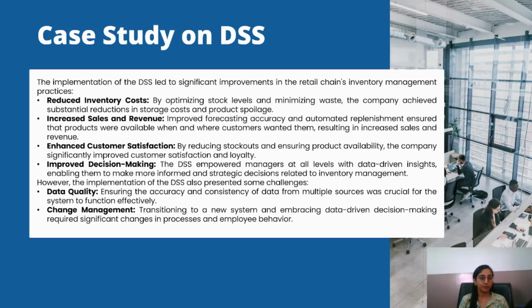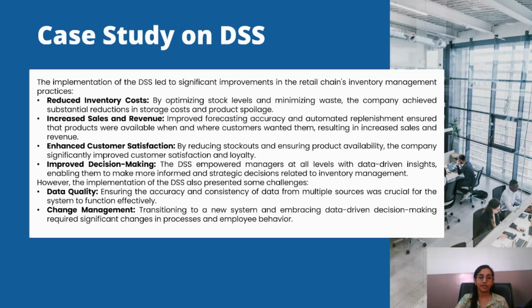We can take supply chain integration also, which means connect the DSS with suppliers to further optimize the supply chain, enabling just in time inventory management, which is also known as JIT inventory management, and reducing lead times. Last but not the least, continuous improvement. Regularly evaluate the DSS's performance, identify areas for improvement, and incorporate new data sources and technologies as they become available.